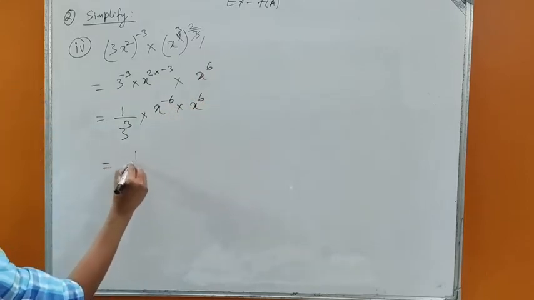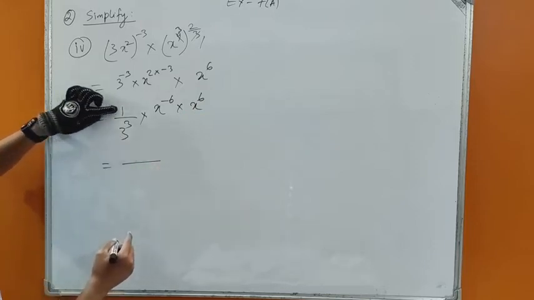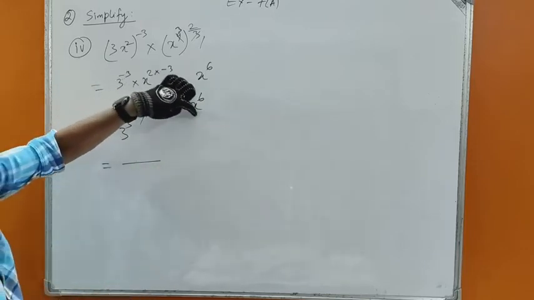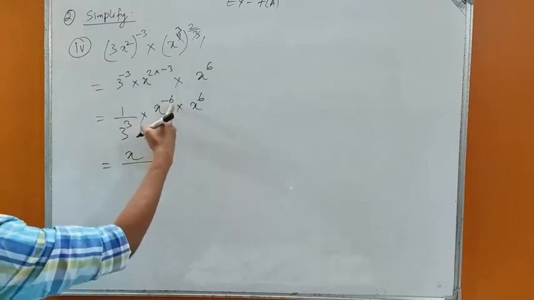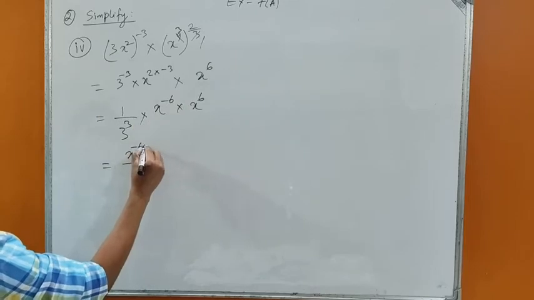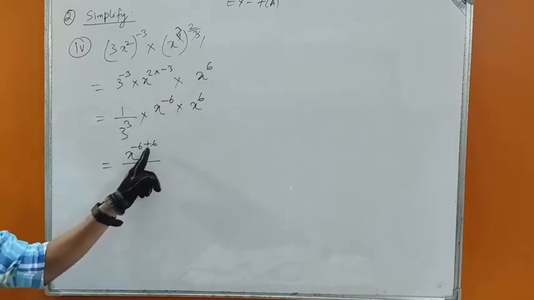So this gives us 1 upon, in the numerator 1 into this means x to the power. The bases are same, so let's add up the powers: x to the power minus 6 plus 6. Bases are same, means powers will be added.